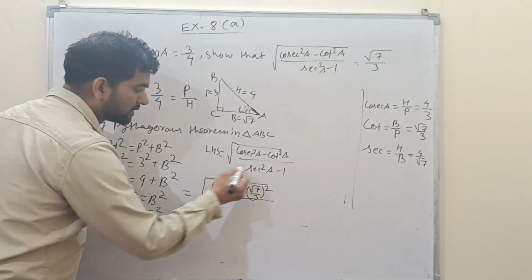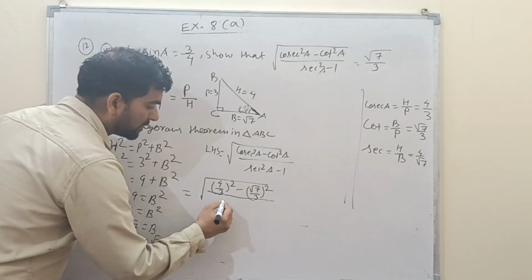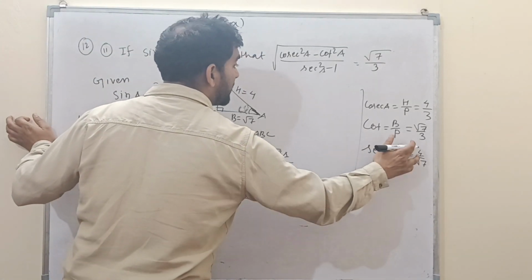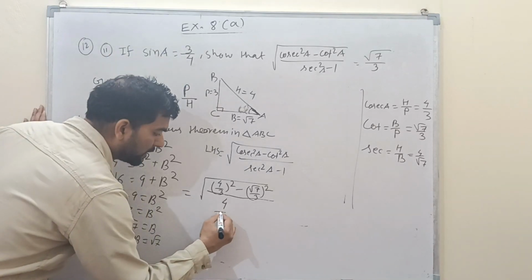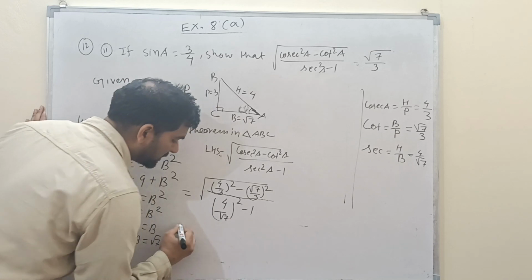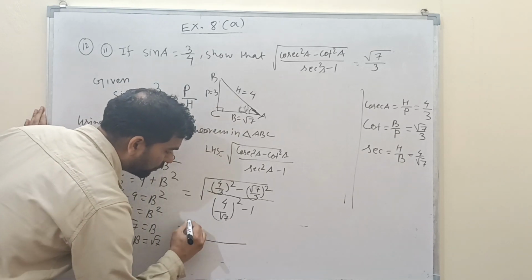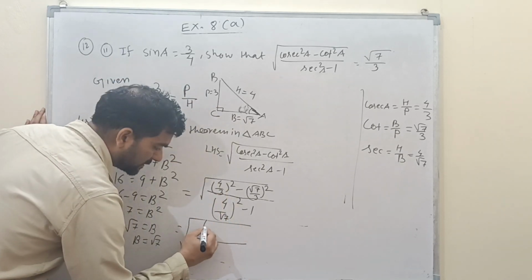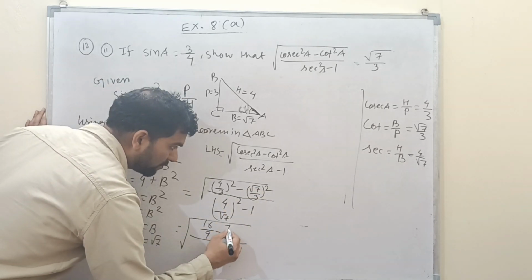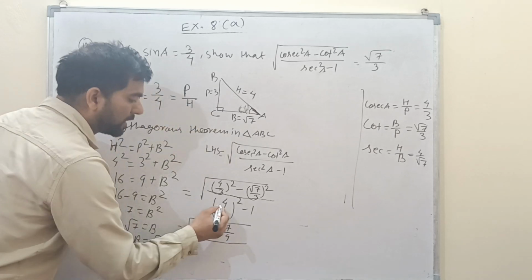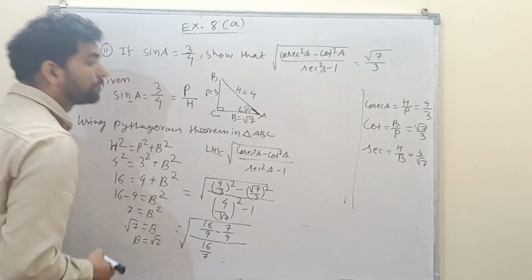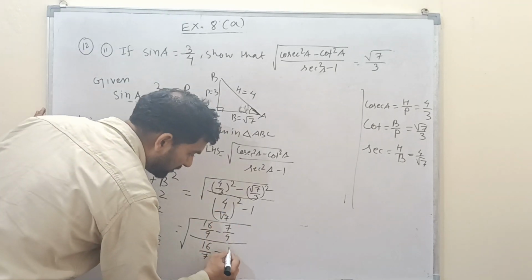Next is sec, which is 4 by root 7, so (4 by root 7) square minus 1. Next step, root over 4 square is 16, 3 square is 9, minus root 7 square is 7, and 3 square is 9. Then 4 square is 16 and root 7 square is 7, minus 1.